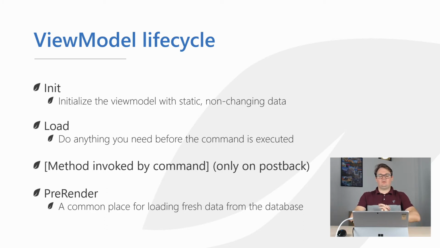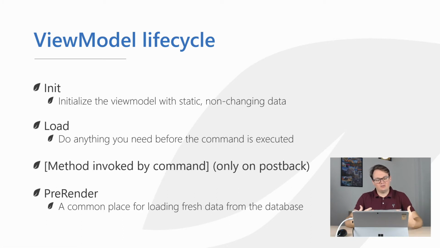And then there is the pre-render event, which is the one you will be overriding most of the time, because it's done after the user command. And typically in this method, you want to request new data from the database and fill, for example, the grid view or something like that. It's important to do it after the command, because if the command is, for example, creating or deleting some data, if you would do the select before the command, you wouldn't get the most current results.